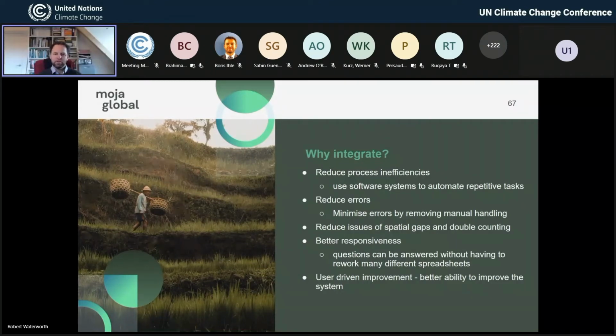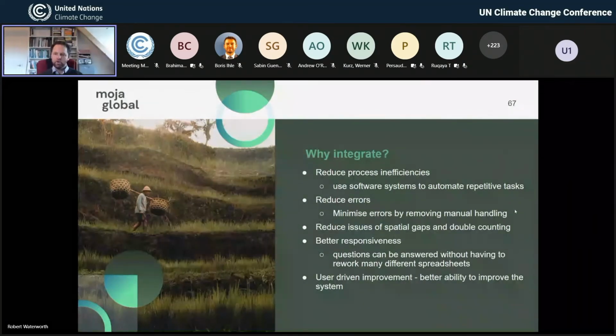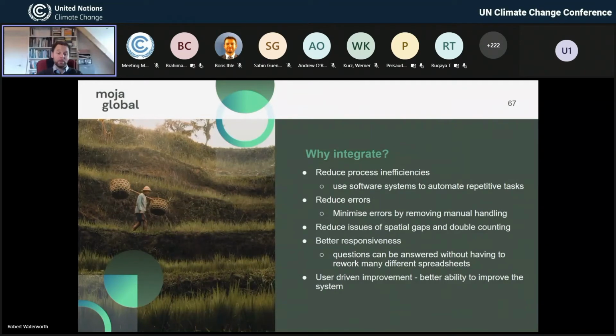So what this means is that if you're running a spatially explicit system, you know that each land unit has only been counted once. Whereas if you are running scripts over a whole lot of different maps, you're not sure whether those scripts have picked up the same land unit twice, or if they've accidentally missed a land unit. And so this is really a key thing to be able to say, we know that we've avoided those problems across the landscape.